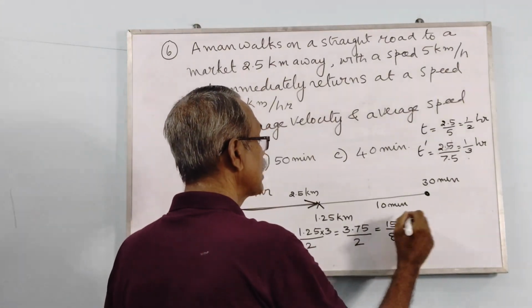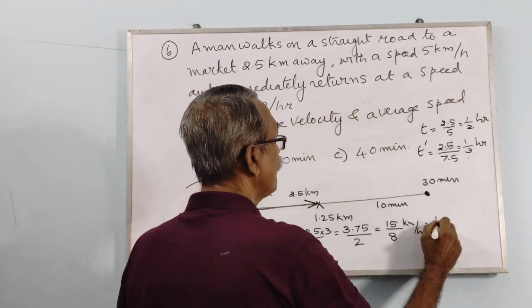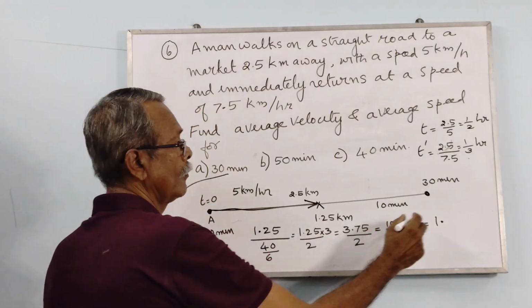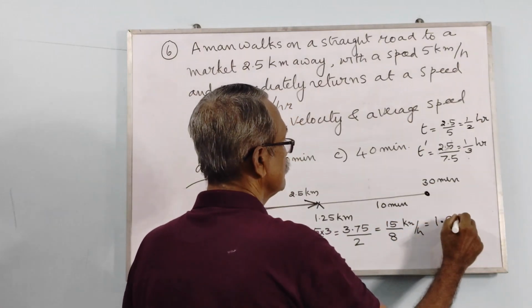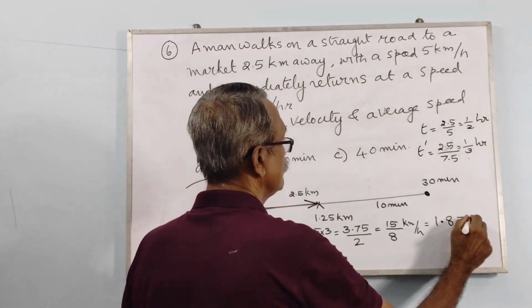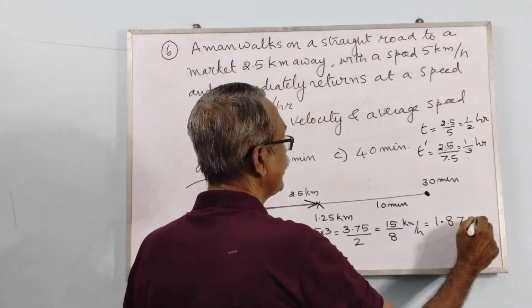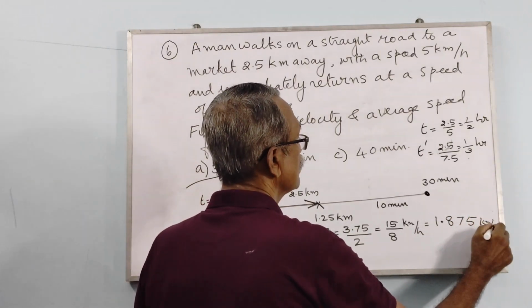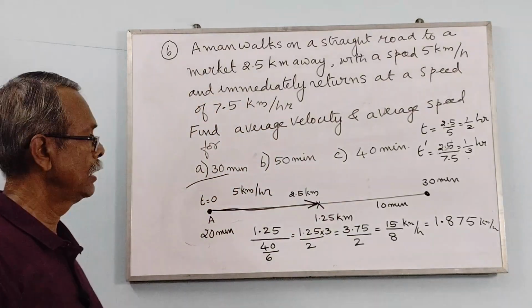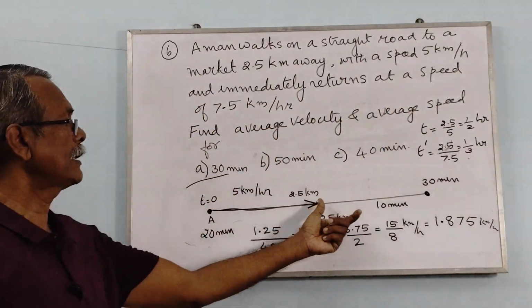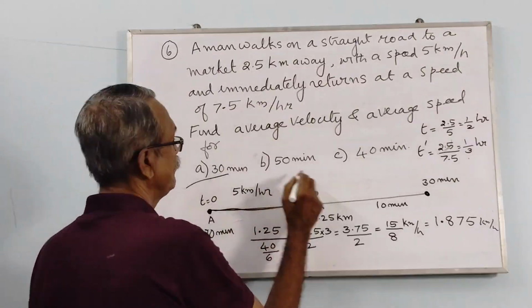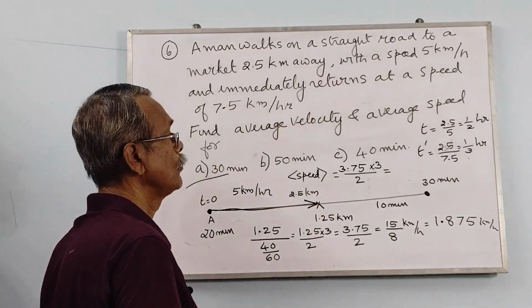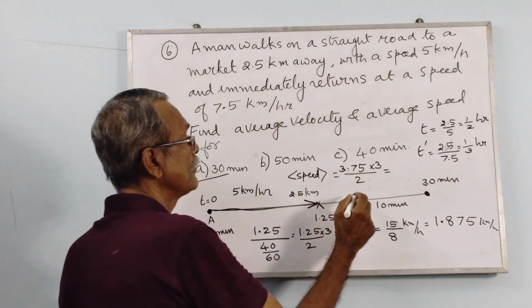But we can work out that this will be 1.875 kilometer per hour. And in that situation, for 40 minutes, the distance divided by 2. This will be the answer.